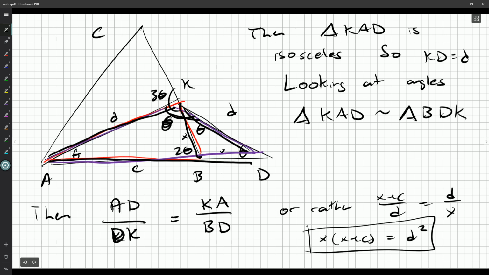So I don't know if we'll need this for C part, but I definitely want to write it out. So we can see also that, is there a nicer way to do this? Just by looking at the angles, is there a nice way to do it? Because I'd like to be able to prove it just from angles.